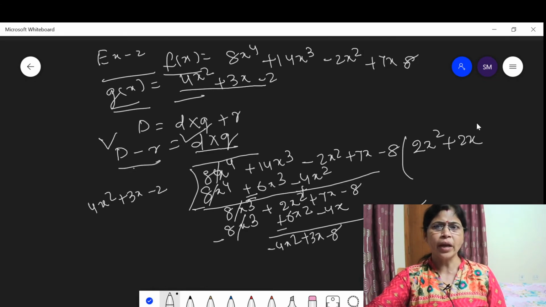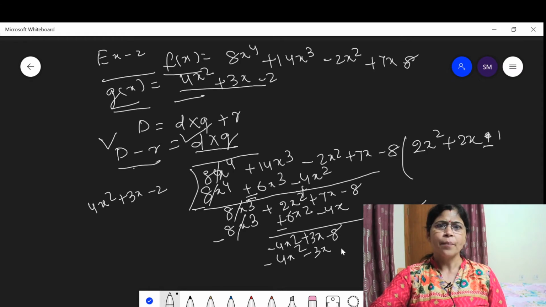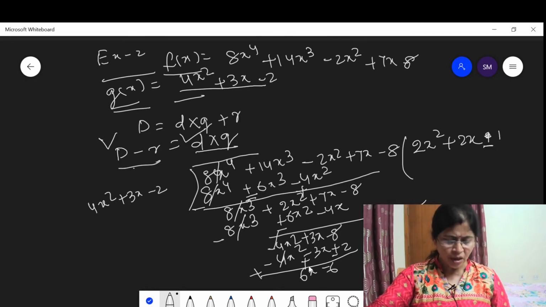Then here 4x square, multiply with 1, then this multiplied with minus 1, this is minus 4x square minus 3x plus 2. Then when you subtract, this cancels, this is 6x minus 6, this is 6x minus 6.